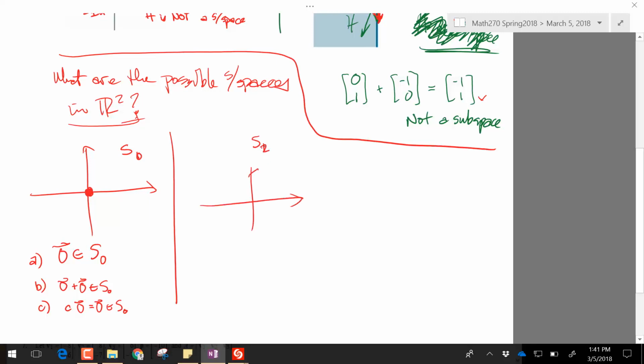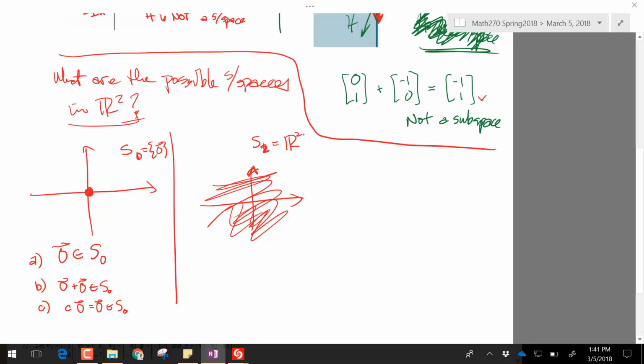Let's call this S2. I'm going to skip over S1. So S2 would be the whole thing. We looked at some of those examples, and if we only take parts of it, then we're not seeing anything. So if it was the whole thing, I would just say R2. S2 is equal to R2.